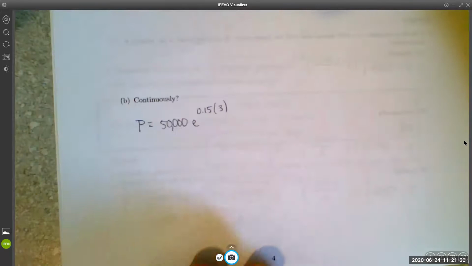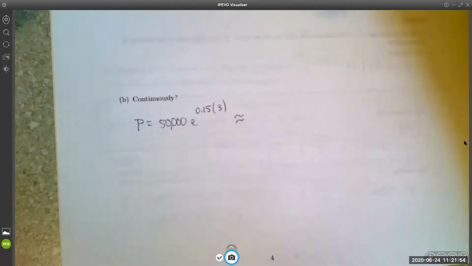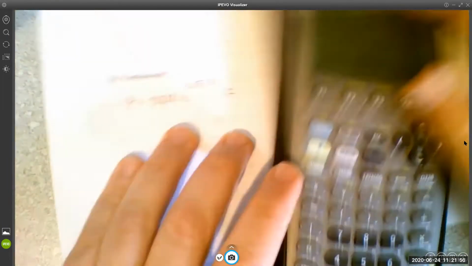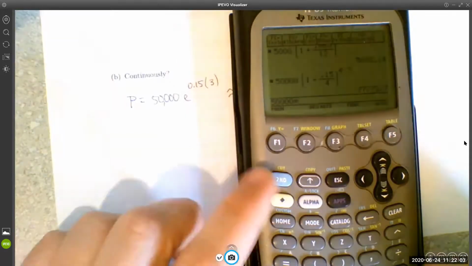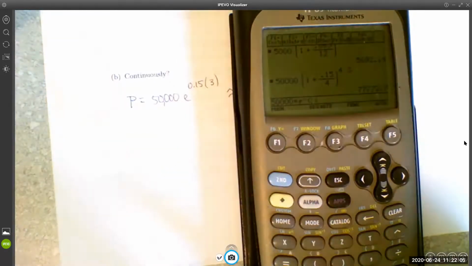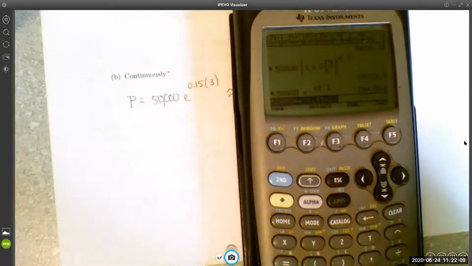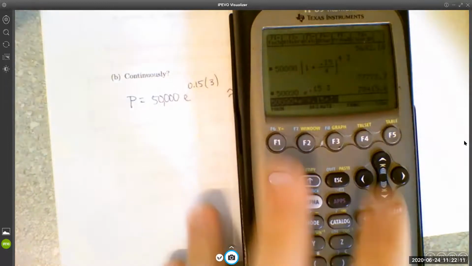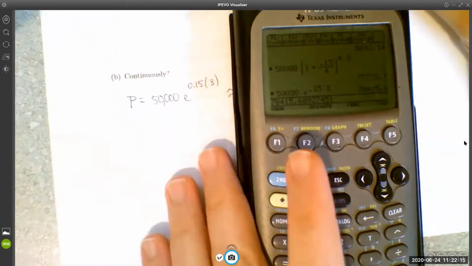Okay, so that's that. Well, let's see how much that is. 50,000 times e to the R times T is $78,415.61 approximately.